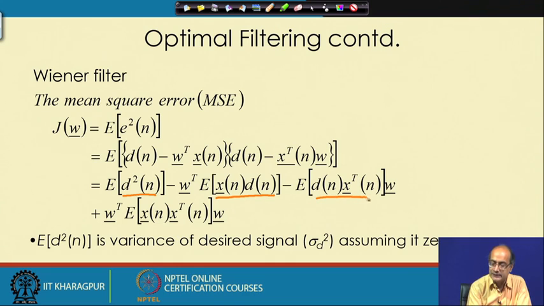Here is the second term for that, and of course we have the weights, and the last term is the cross product of the two vectors representing the observed signal, their value at that particular instant n.